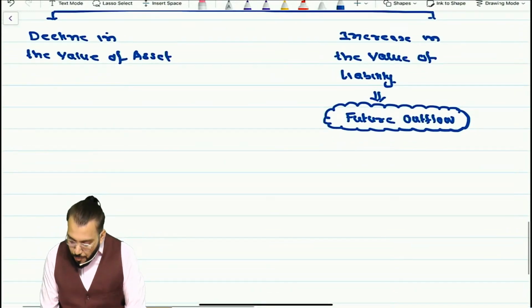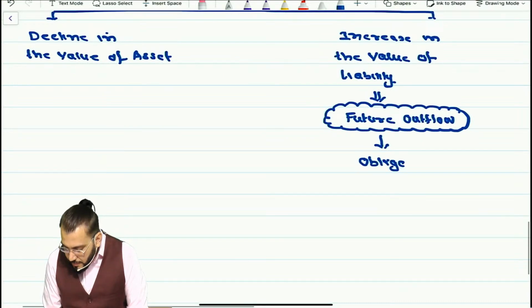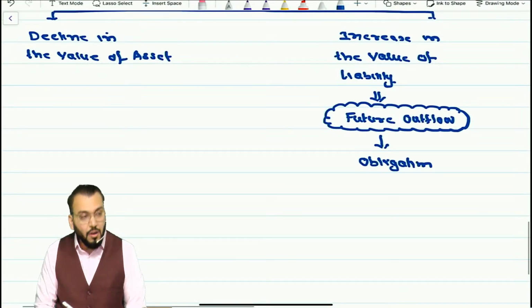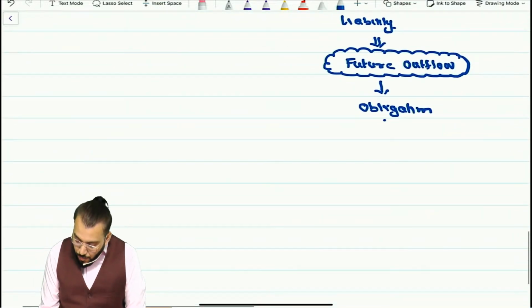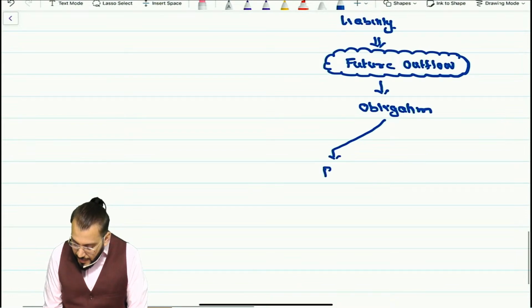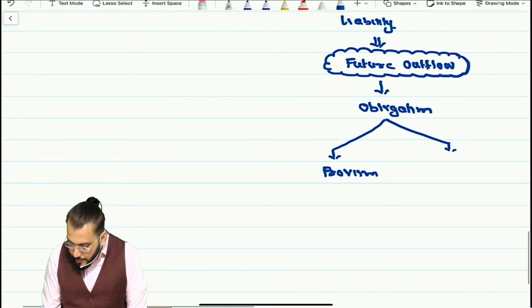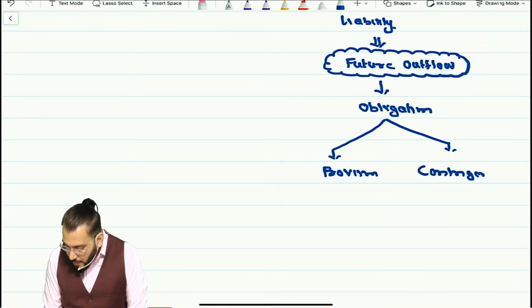Future outflow means obligation. Correct. Now this obligation can be either provision or what? Contingent liability.